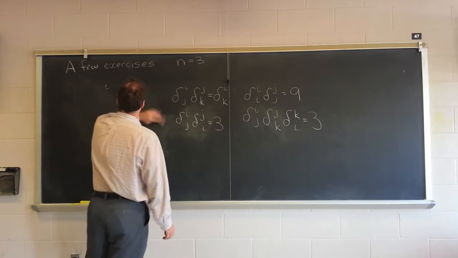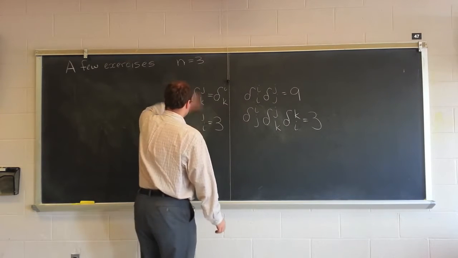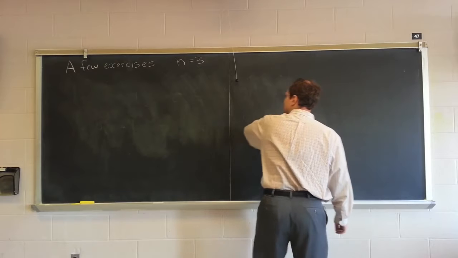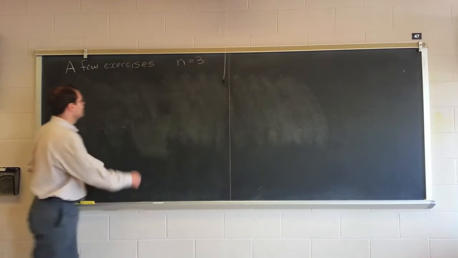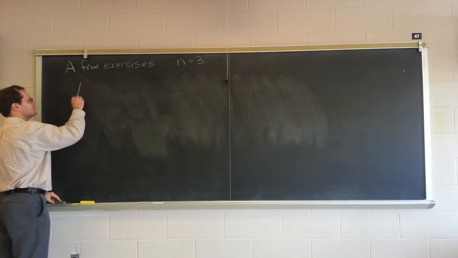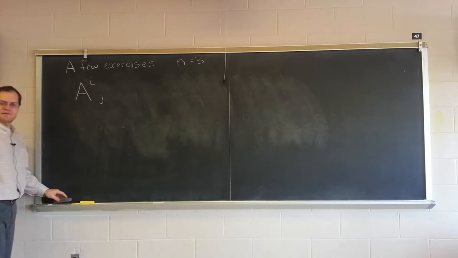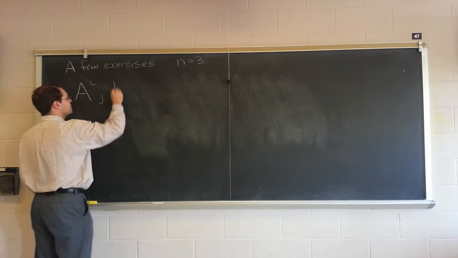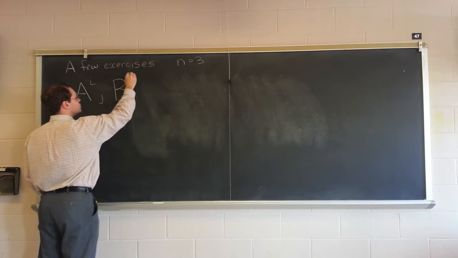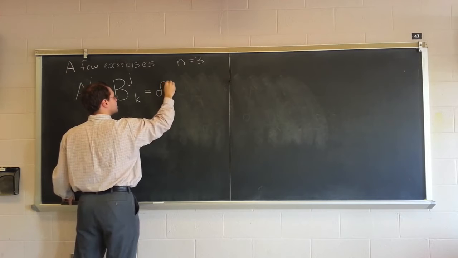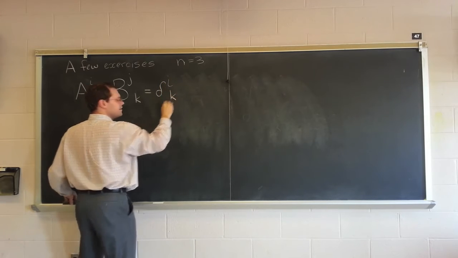Let's introduce a couple of second-order systems that you can think of as matrices, and let's make them the inverses of each other. A ij, i being the first index, j being the second, times B jk equals delta ik.